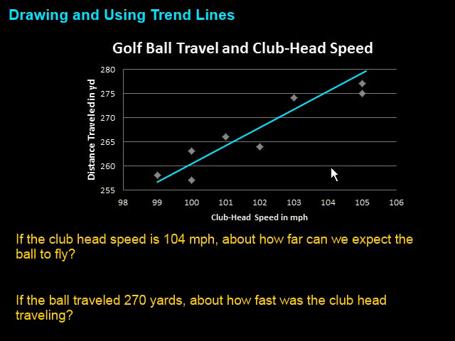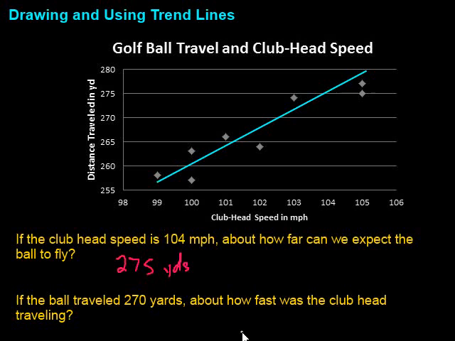So then we're going to slide up at 104, and then our line is right there, so then let's look across and see how far we would expect the ball to travel. In this case, we would expect the ball to travel about 275 yards because that's where our trend line puts us. So 275 yards if the club head speed was 104 miles per hour.